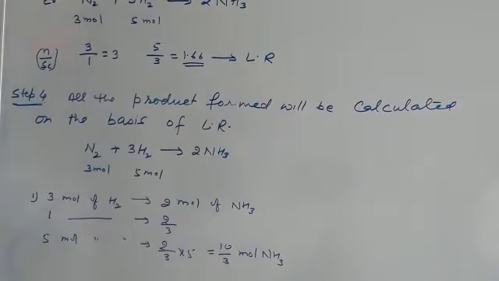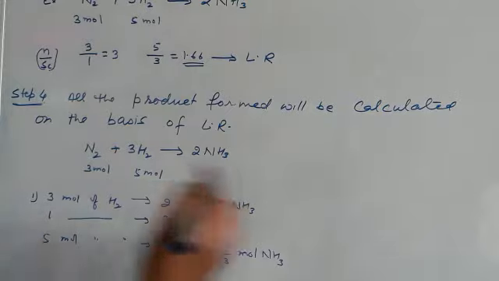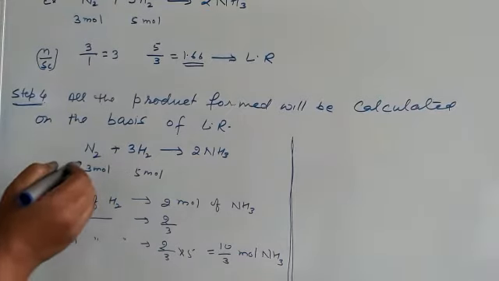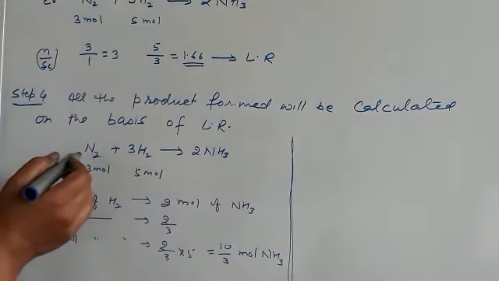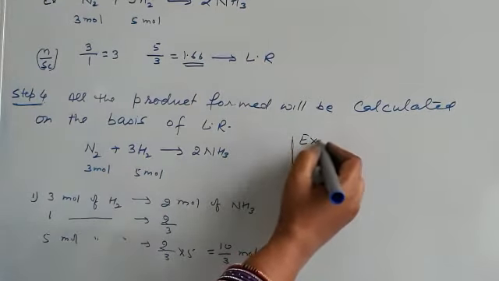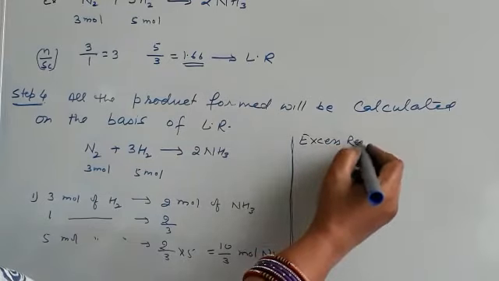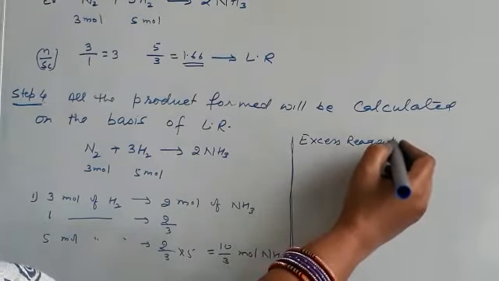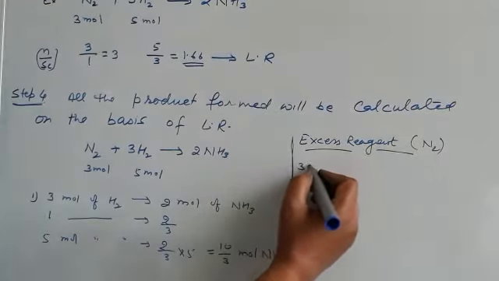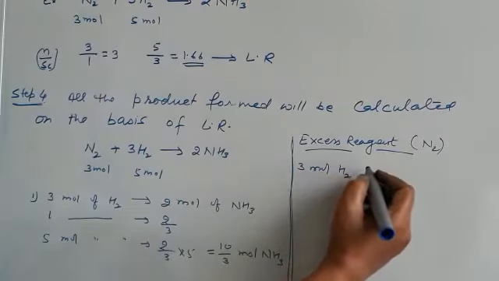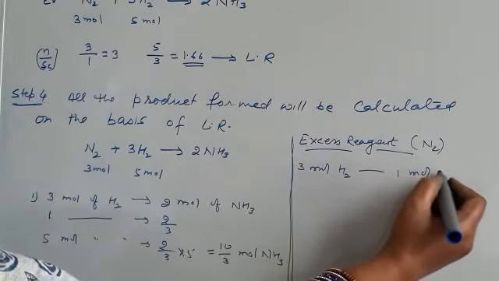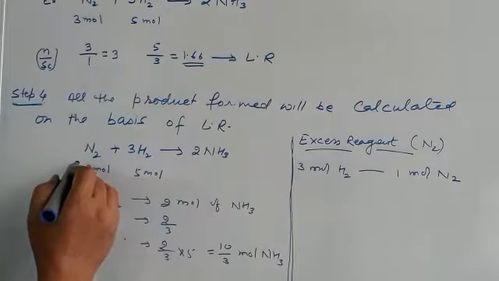And what about the excess reagent? Nitrogen will be the excess reagent. So how much nitrogen is left? 3 moles of hydrogen react with 1 mole of nitrogen.